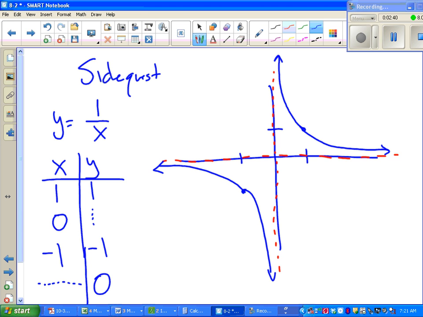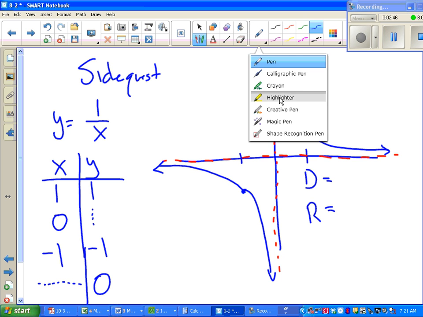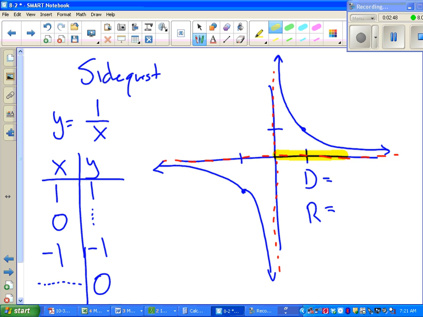We still need to identify domain and range. These look a little different than we're used to also. Looks like we start at 0 and go on forever, either direction, but we don't actually include the point 0. If I try to plug in 0, I get nothing. So the way we say this is we say all real numbers except 0, or I'll even give you credit if you just say x cannot equal 0.